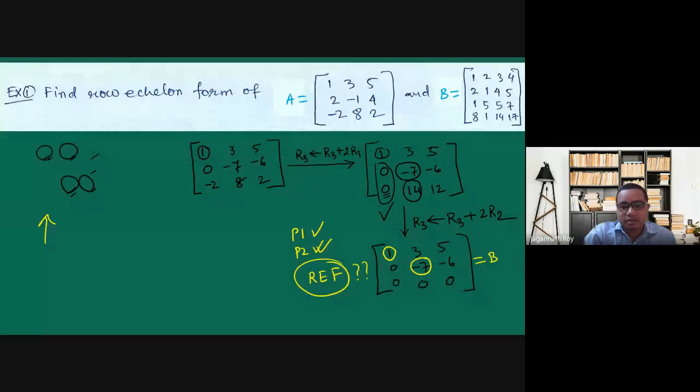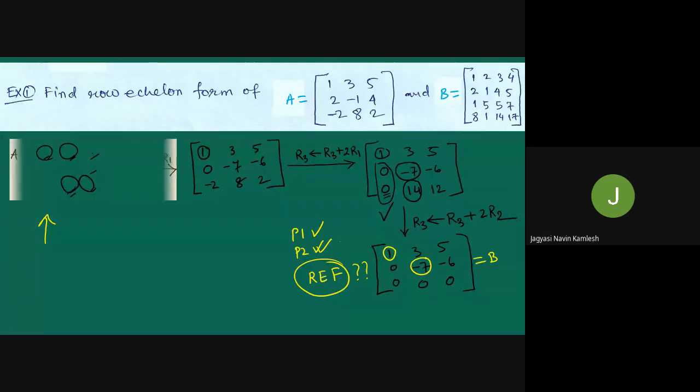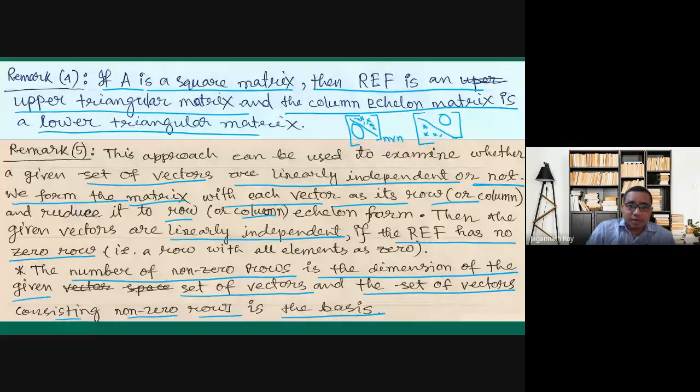Sir, I didn't understand remark 5. Okay. Remark 5 says, it will be clear if we do some more examples. Earlier, suppose V1, V2, and V3 are given, a set of vectors. Now the question is, is it linearly dependent or linearly independent?